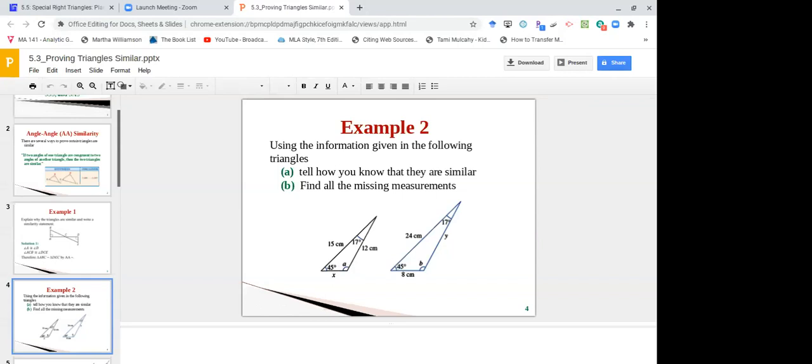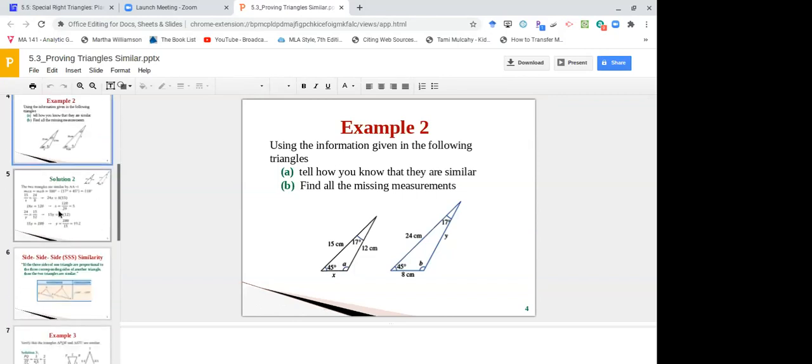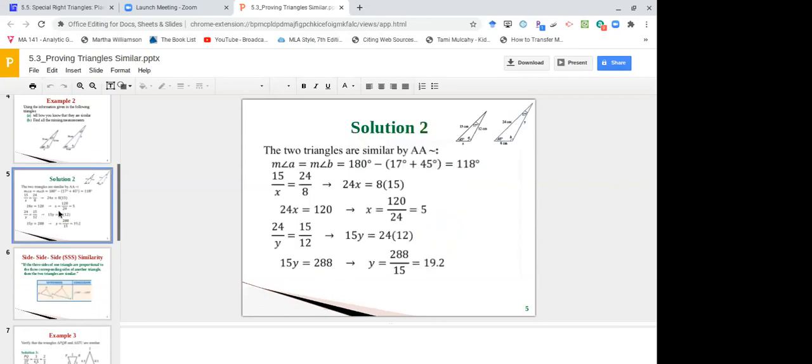They're similar. And you can find the third angle given the fact that you know that the angles in any triangle add up to 180 degrees. So she gives you the solution here, and you can use similarity to find the missing pieces.